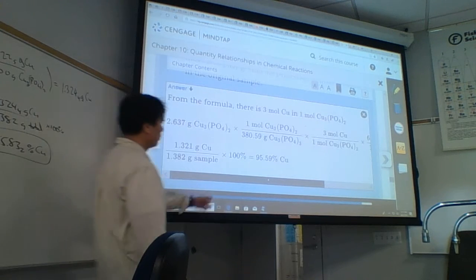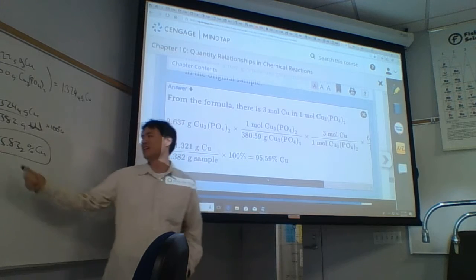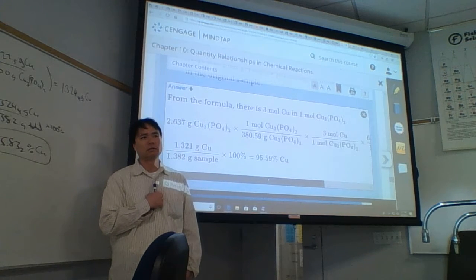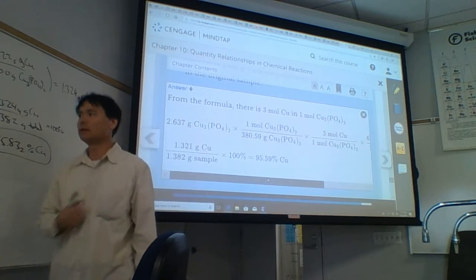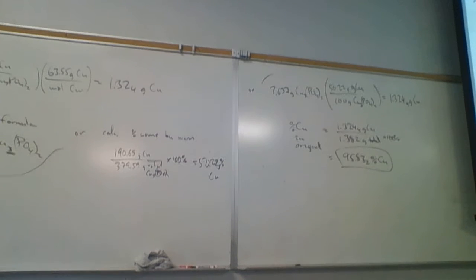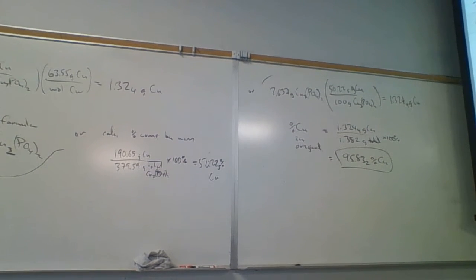They got 95.59. Mine's 95.83. That's a significant difference. So I was thinking I must have made an error. That's fine. And so this would be 380.59. I lost one, and so we need to put that in here. Sorry. It's going to change the answer.